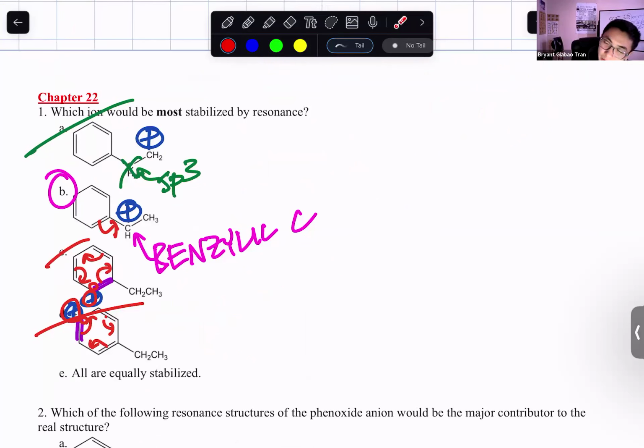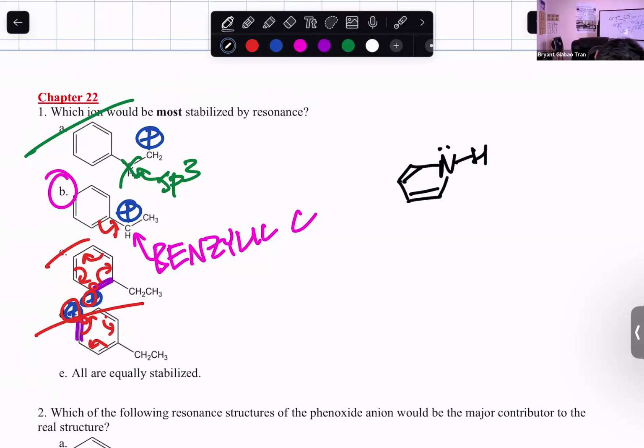When this showed up when we talked about aromatic versus non-aromatic versus anti-aromatic, like the differences between this and this right here, and counting which pair of electrons counted as part of the resonance structure.